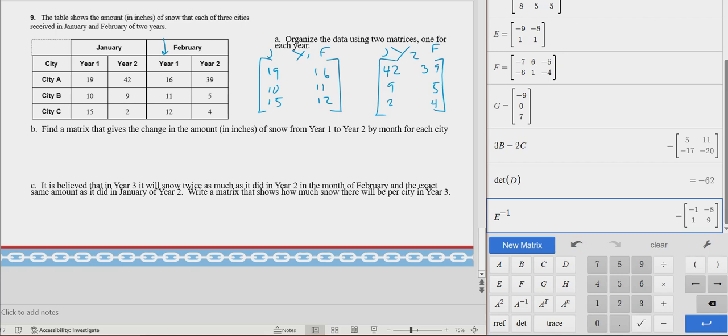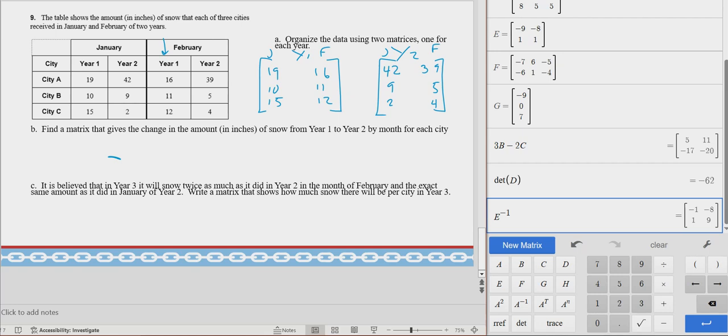Find a matrix that gives the change in the amount of snow from year 1 to year 2 by month for each city. So to find change, we are going to have to do some subtraction, right?